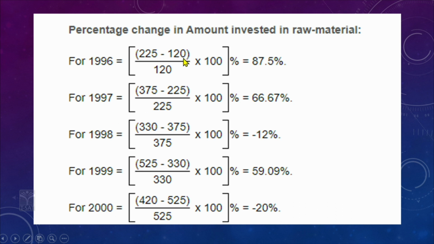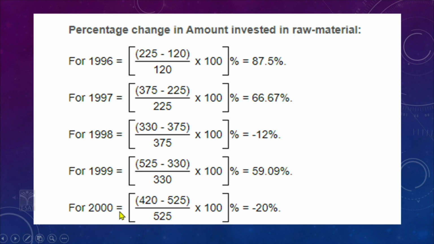87.5%. In 1997 it is 375, the previous one is 225, now 375 minus 225 by 225 into 100 is 66.67%. In 1998 it is 330 minus 375 by 375 into 100, that is minus 12% because it decreases. In 1999 it is raised to 525, so 525 minus 330 by 330 into 100 is 59.09%.